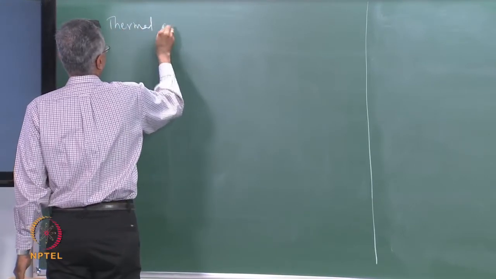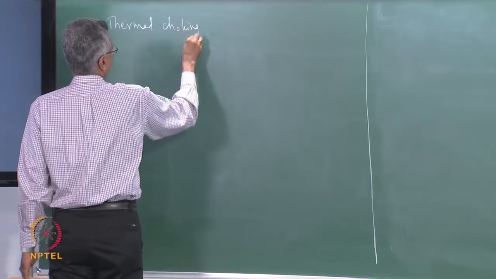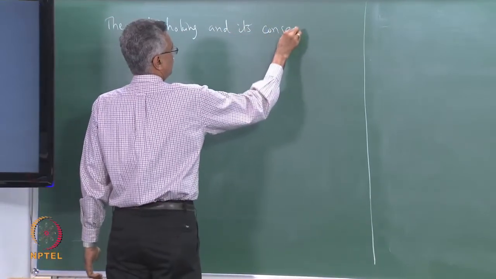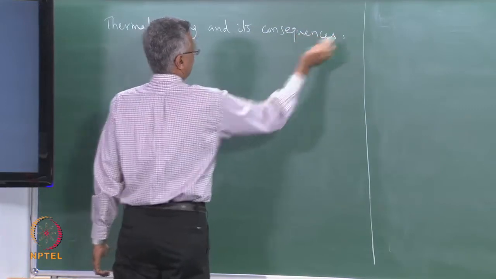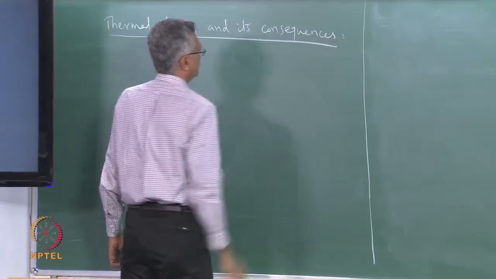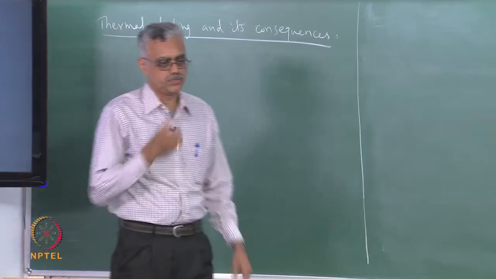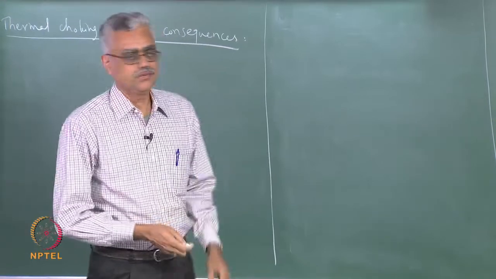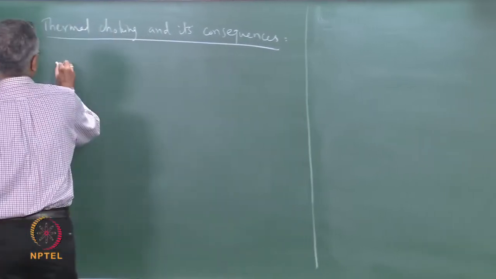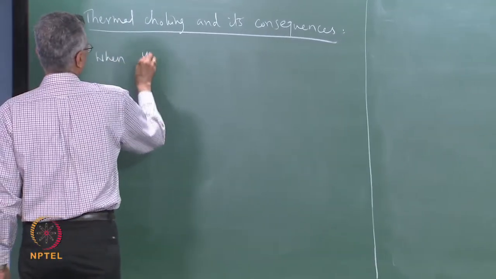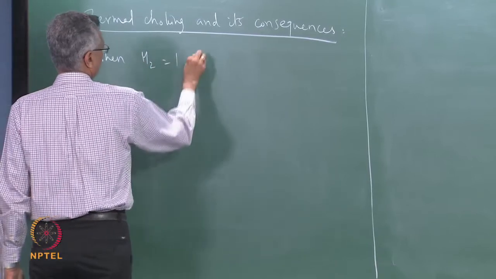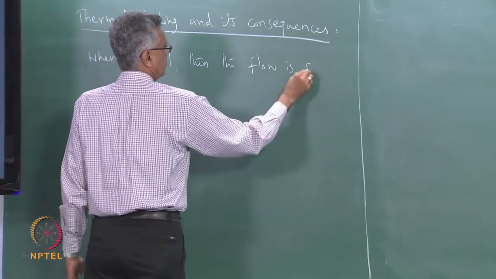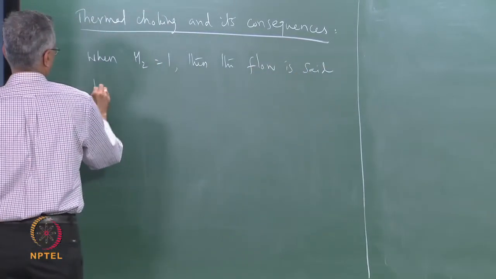So, we answer this question like this. If M reaches the sonic state at the outlet of the duct, that is, M2 becomes equal to 1, then the flow is said to be choked.